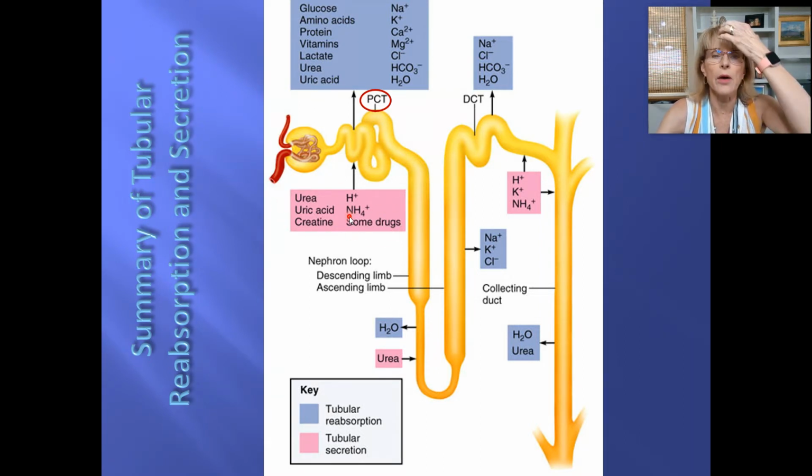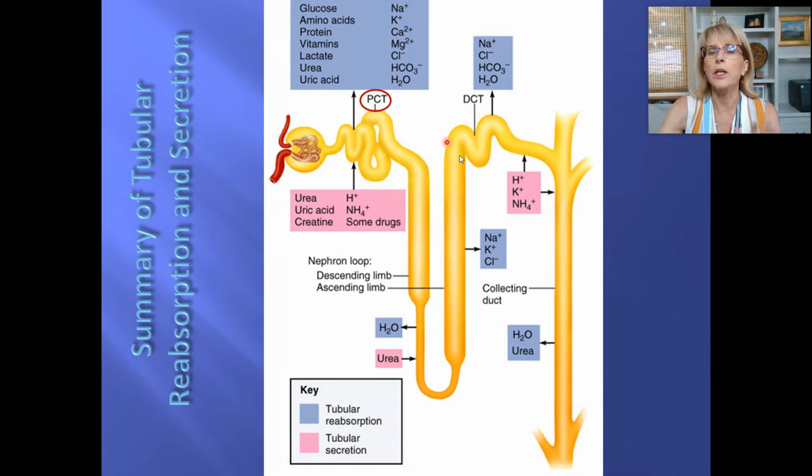Well, we're talking particularly about hydrogen ions and ammonium, but also urea and creatinine. So those things are being actively transported. You'll notice that the proximal convoluted tubule is the part of the system that will help your body eliminate some drugs. Okay? So all that's happening at the proximal convoluted tubule.